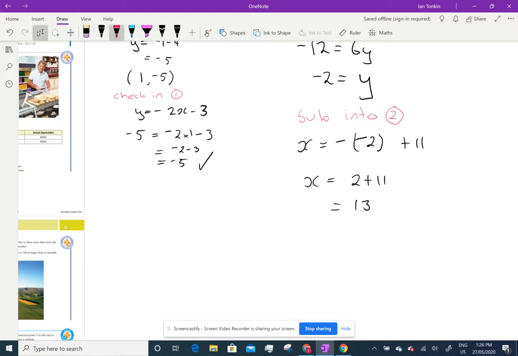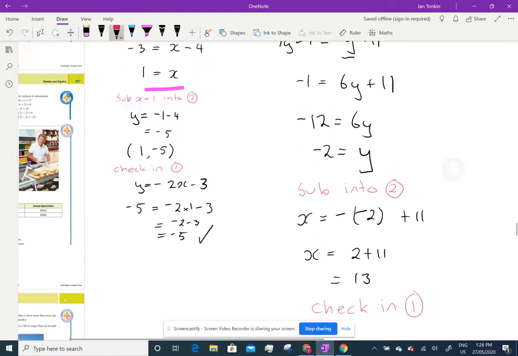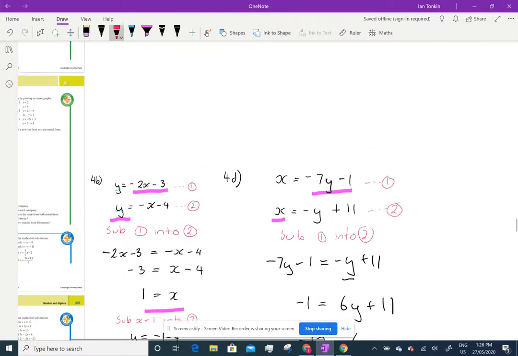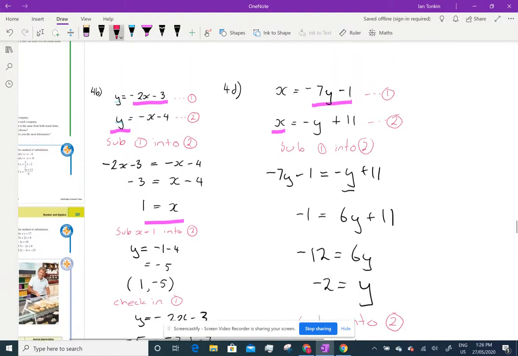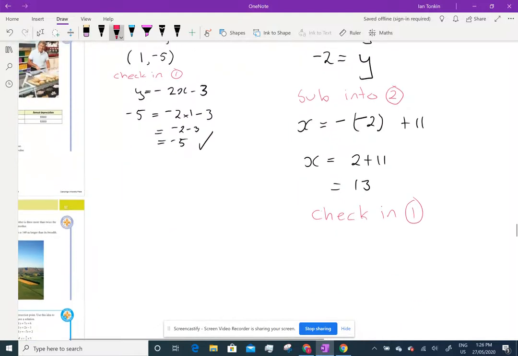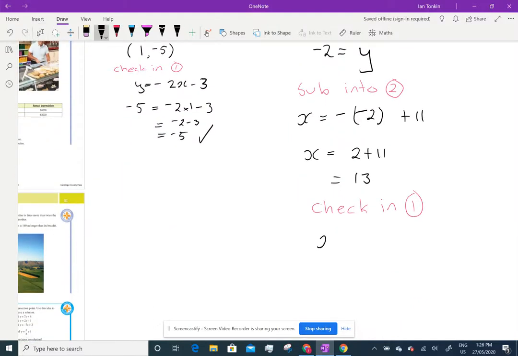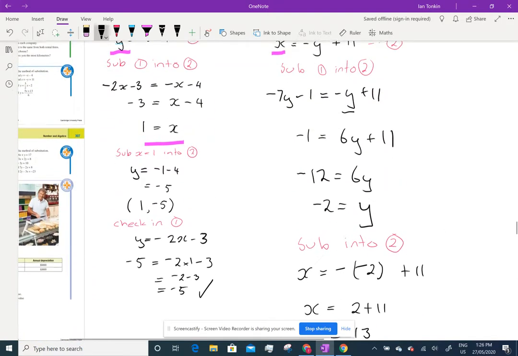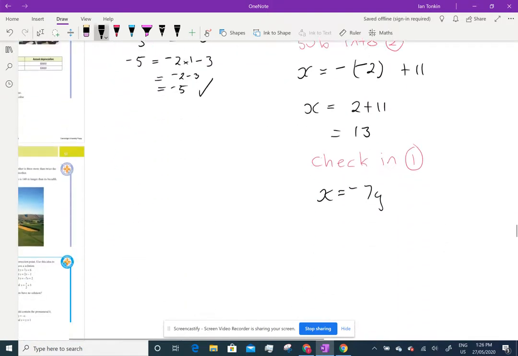So now I've got to check in 1. And what was equation number 1? x equals negative 7y minus 1.